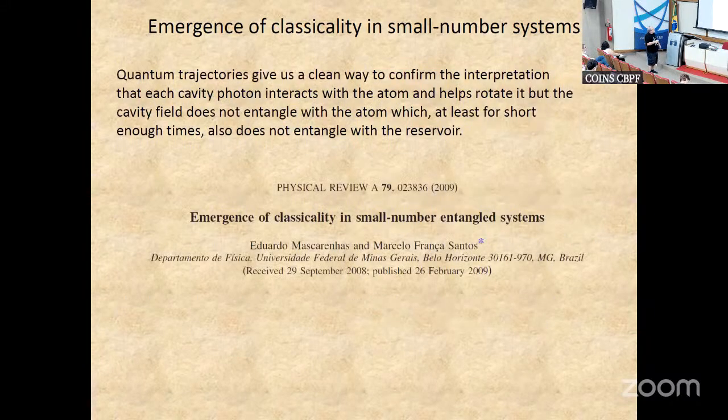And this is published in this paper with Eduardo Mascarenhas, who at the time he did this work was an undergrad student. This was actually his scientific initiation program, okay? He was a very bright student of mine, and he continued with me. We did lots of works.